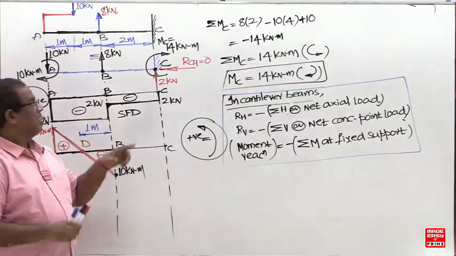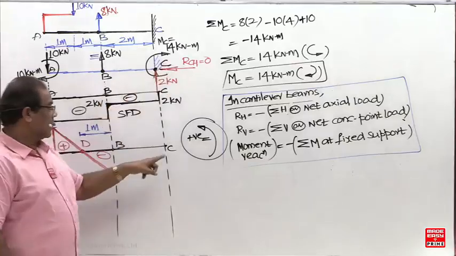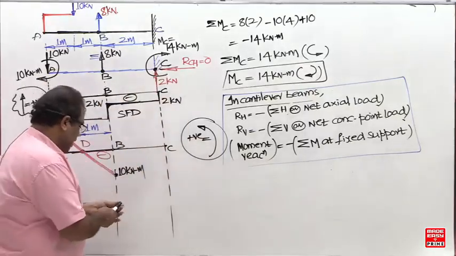Next, what is the bending moment here now? Directly this itself is the bending moment. Right hand side anti-clockwise positive, clockwise is negative.